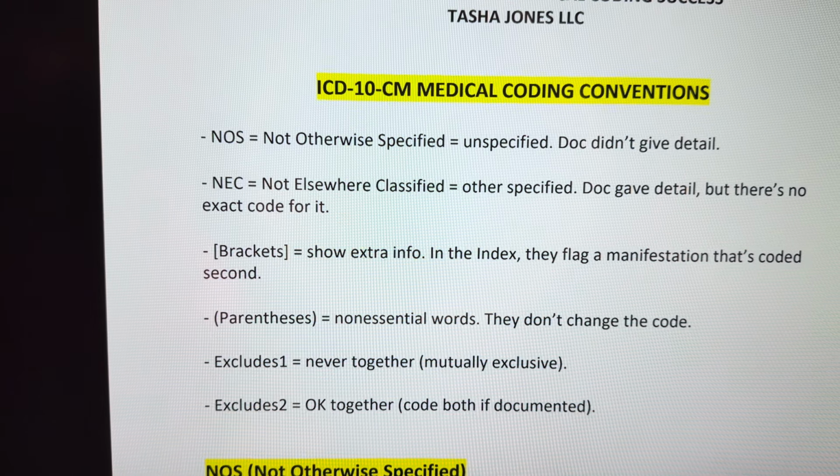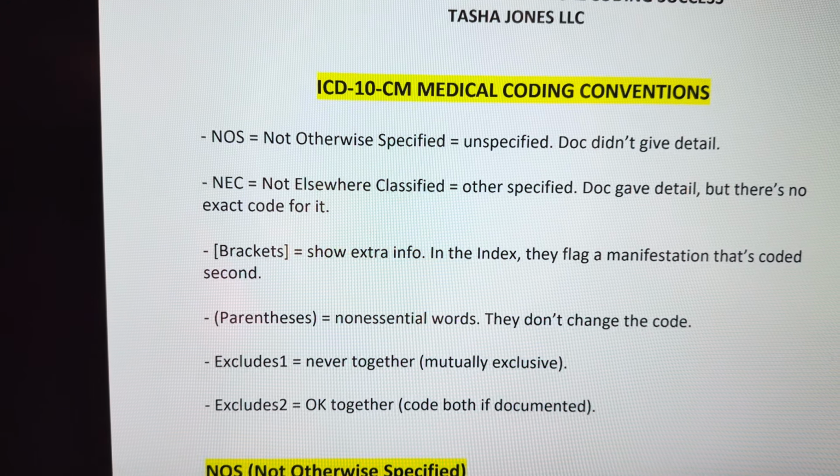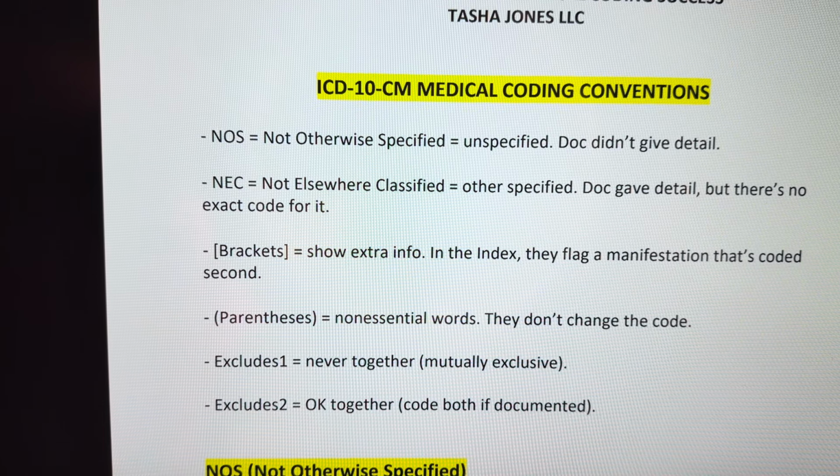All right, so let me just explain how they differ from the guidelines. The official coding guidelines are more like the rules for applying the code. So remember, guidelines are like the rules for applying the codes in real world coding situations. They give additional instruction for coding and sequencing, okay? But they do not replace the conventions in the code book. All right?